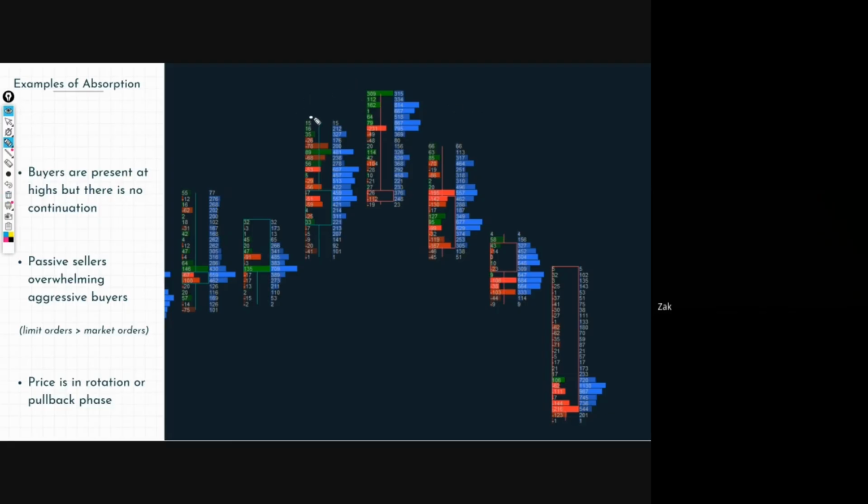But we make new highs, you can see, and we get a huge press from the buyers. This is looking good. We're making new highs, but it doesn't get follow through. They're not being rewarded. And when you're not being rewarded, you need to eventually exit your position. So you can see as they make this press here, the candle closes as a huge doji, hammer, whatever you want to call it, with a huge wick.